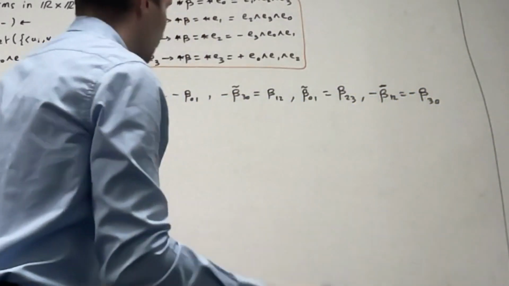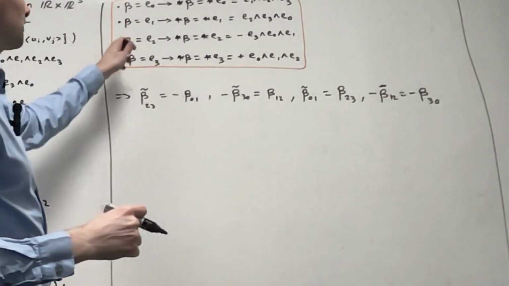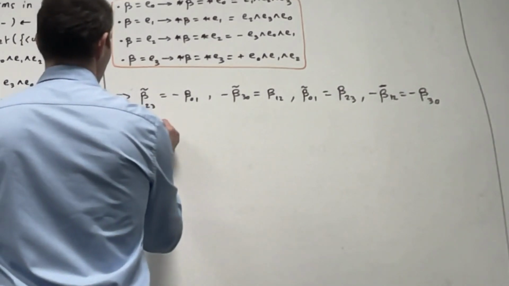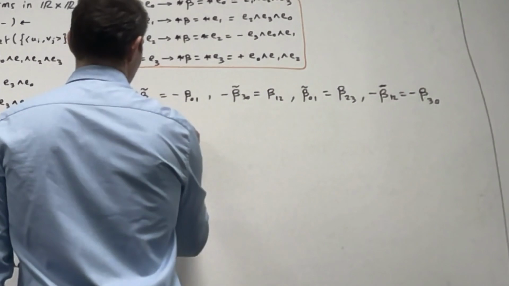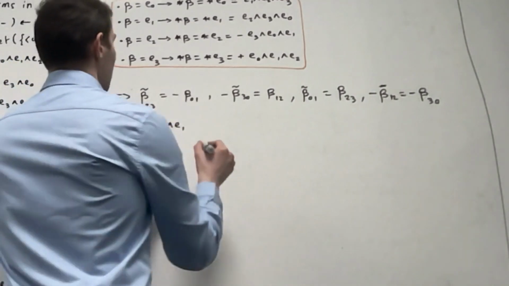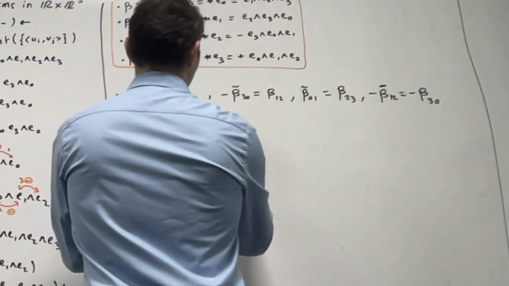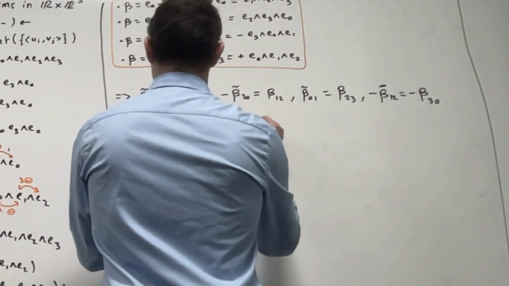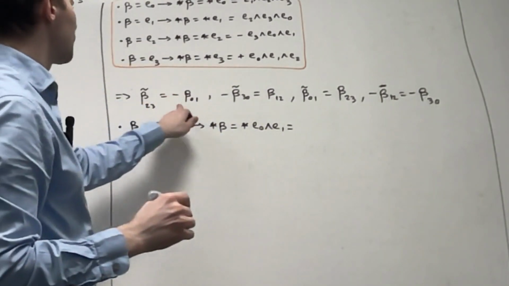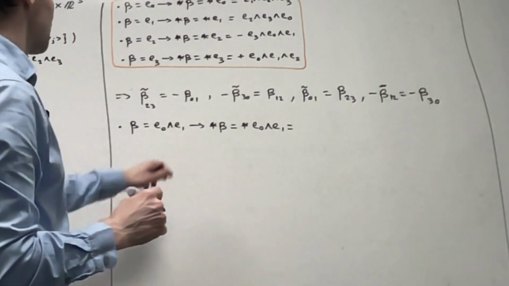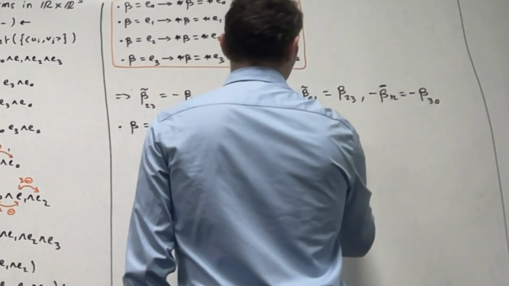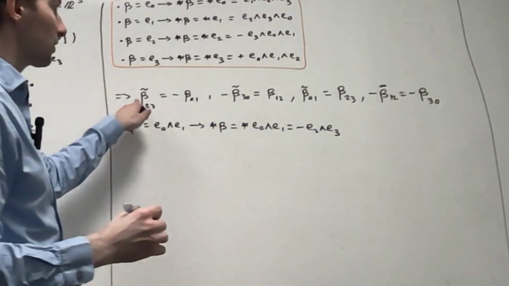Okay, so then what we need to do is look at all the possible cases like we did here. So let's have a look at beta. The first case is beta equal to E0, E1. So it means that beta 0, 1 is equal to 1, and that leads to star beta equal to star E0, E1, and that's equal to minus E2, E3, because that's the term in front of E2, E3.